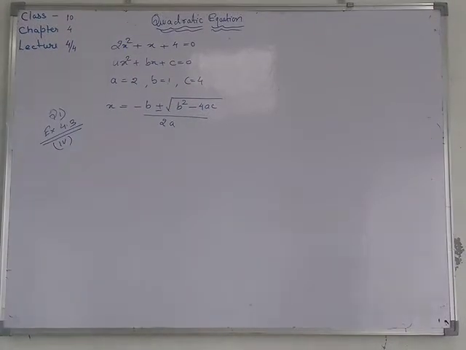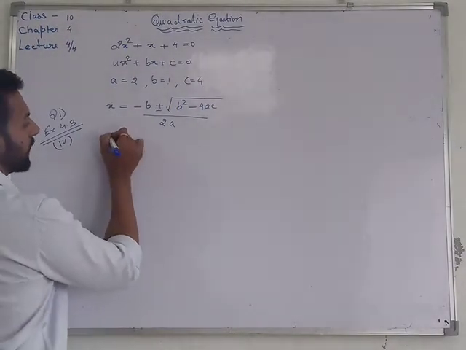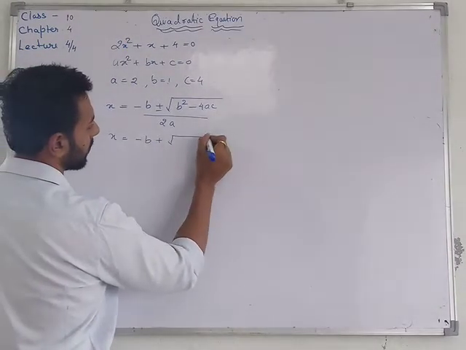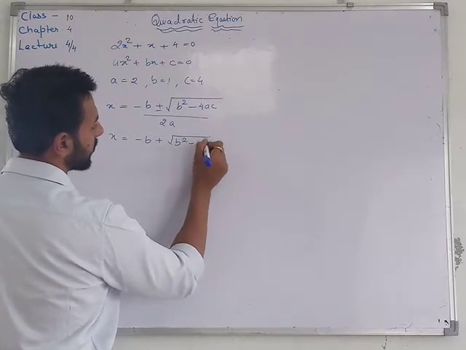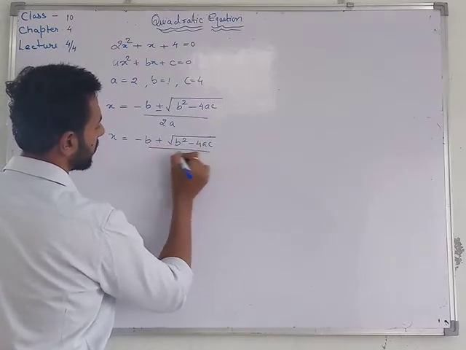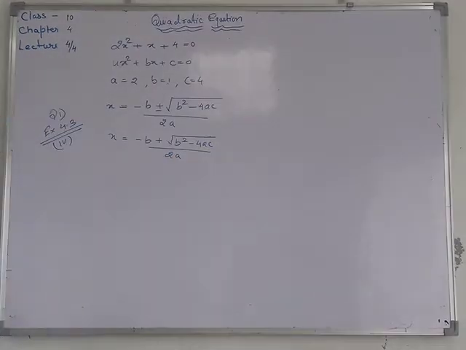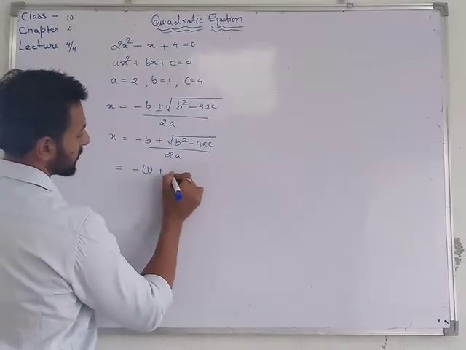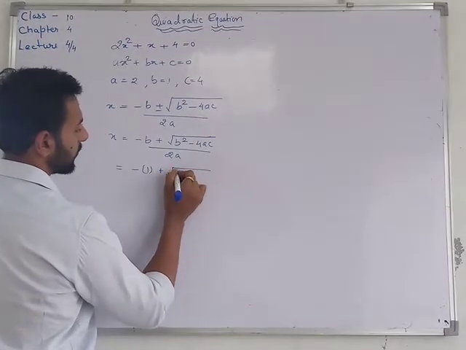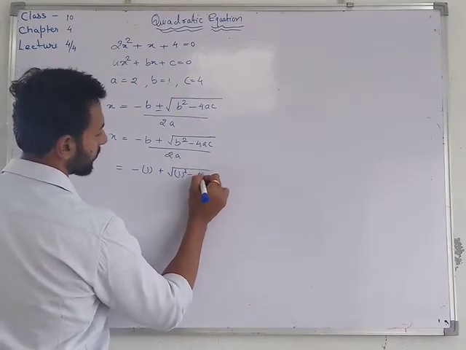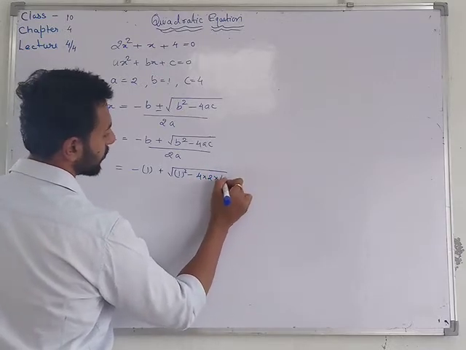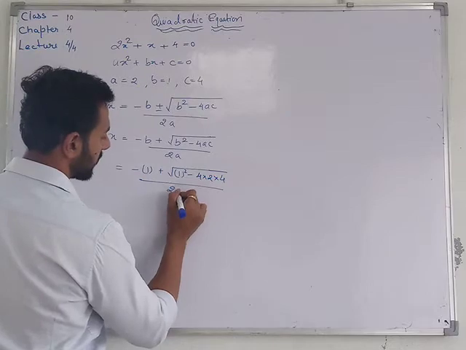Substituting the values, first solving for the positive sign, x is equal to minus b plus under root of b square minus 4ac upon twice of a. Substitute the values from here. Minus b is minus 1 plus under root of b square, which is 1 square, minus 4 times a, which is 2, times c, which is 4, upon twice of a.